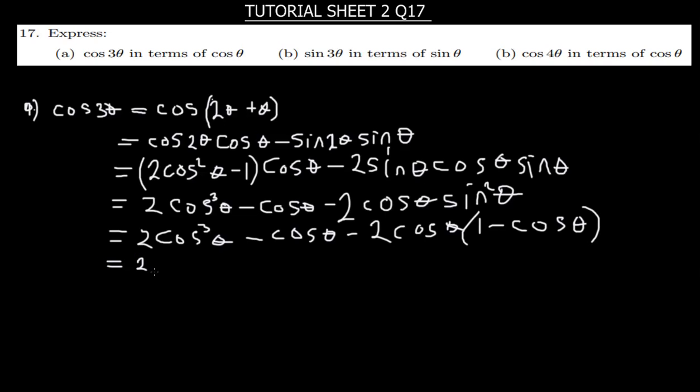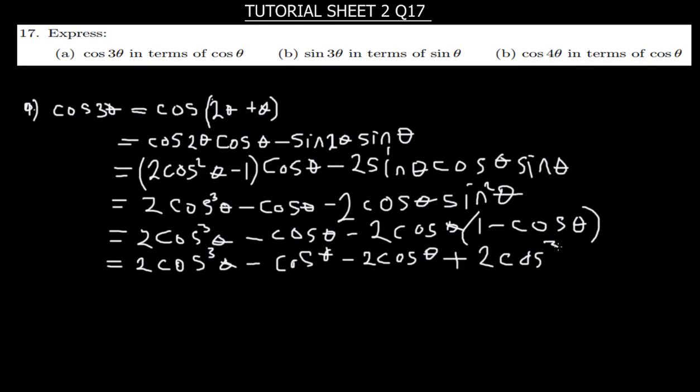So we have 2 cos cubed theta minus cos theta, and then negative 2 cos theta. When you multiply negative 2 cos theta times negative cos squared theta, you have plus 2 cos cubed theta.